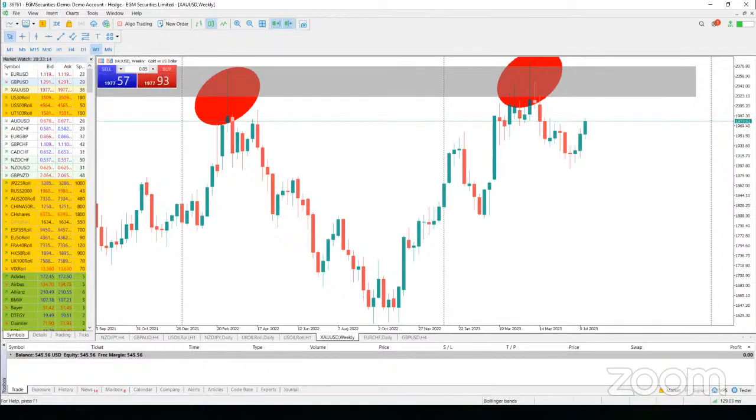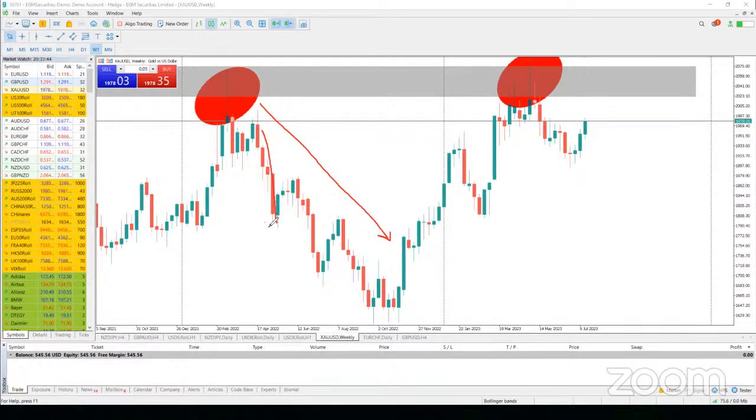Let me try to explain with, for example, let's look at this strong downward move. That is a trend, a downtrend in that case, which originated from this strong bearish candlestick. You realize that price pushes strongly to the downside with momentum.